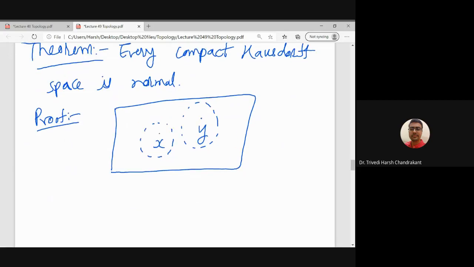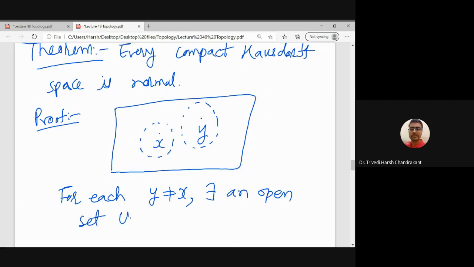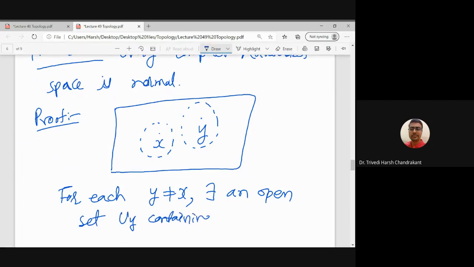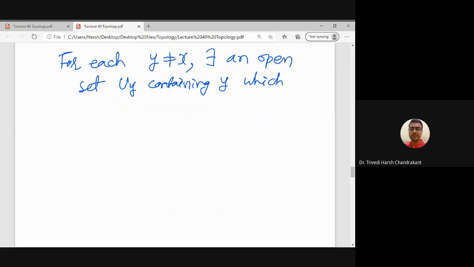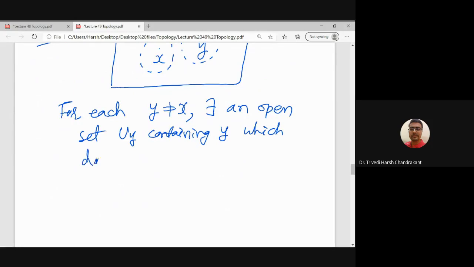So for each Y not equal to X, there exists an open set Uy containing Y which does not contain X.